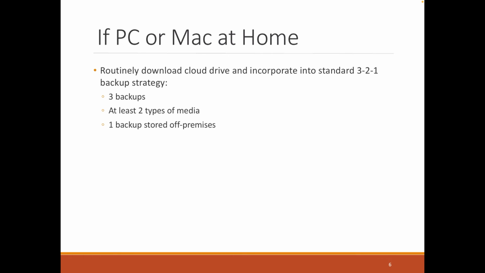A cloud would be one, an external drive would be a second, and then having 1 backup that you store off premises, so that if you have a fire or something catastrophic, you have a backup in a different location that hopefully is not impacted by that catastrophic event. So I've gone through those different things.